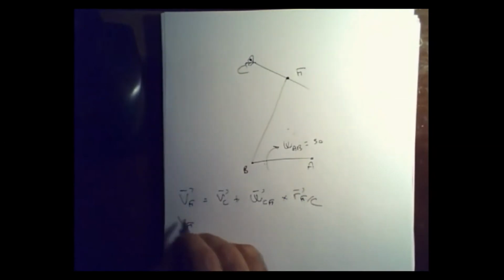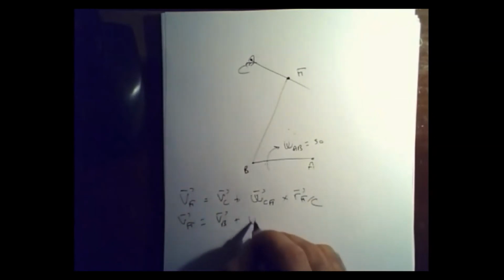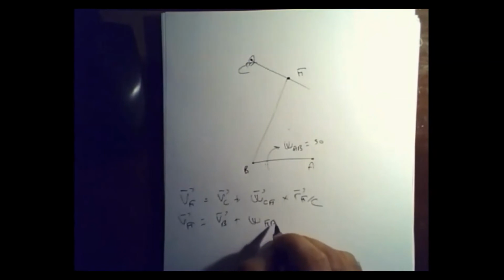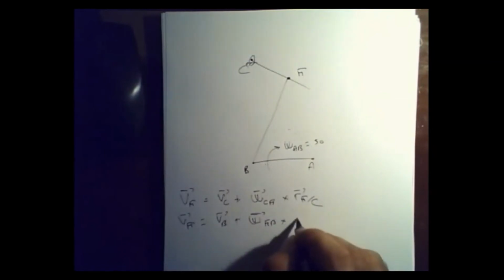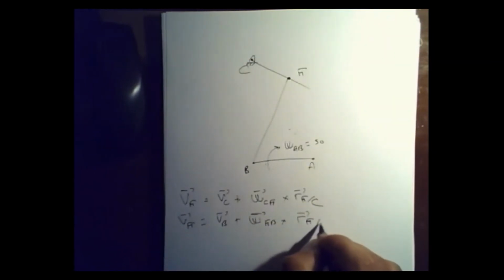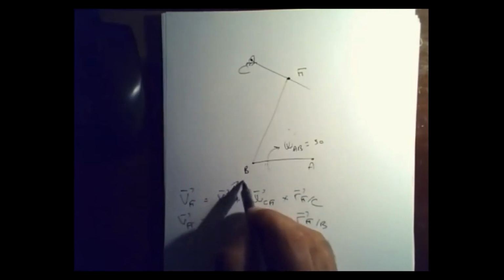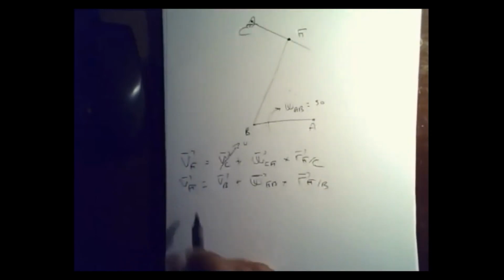And then VF is actually equal to VB plus omega FB cross RF with respect to B. So VC is 0, VF is actually equal to VF.